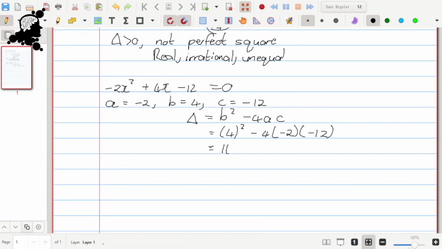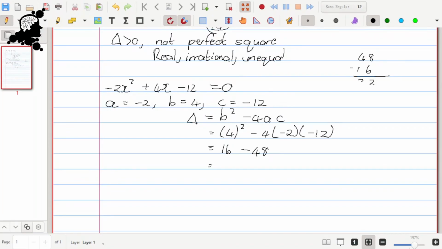So 4 squared is 16. Negative 2 times negative 12 gives us positive 24. Positive 24 times 4, that's going to give us negative 48. Now 16 minus 48, let's just do this on this side. So I'm going to say 48 minus 16. 8 minus 6, this is going to give us 2.